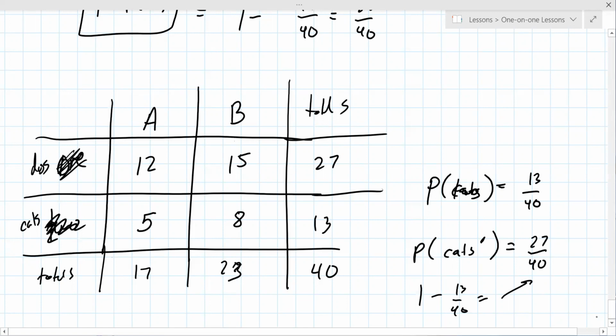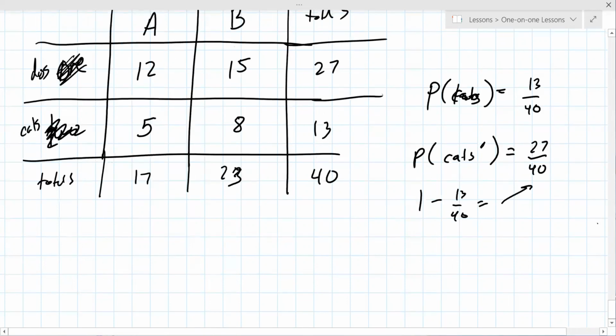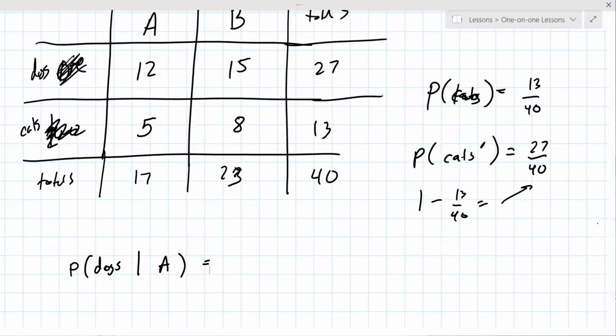Okay. Now another possibility, and this is kind of what you're getting to in class, is the probability of dogs given A. Do you remember that from your notes? This given. What does that mean? The given means that you only look at whatever A is.